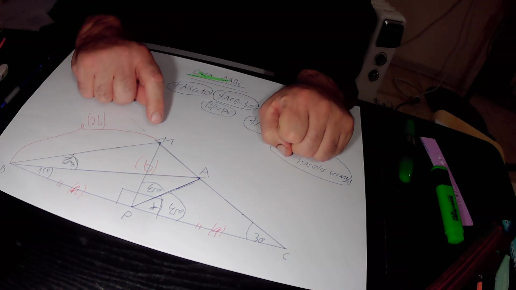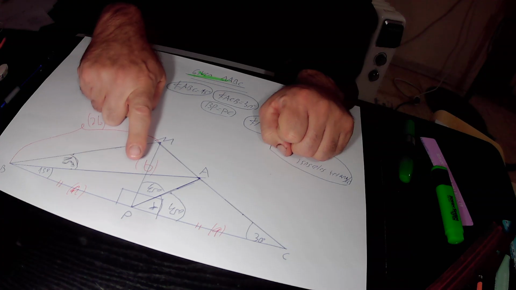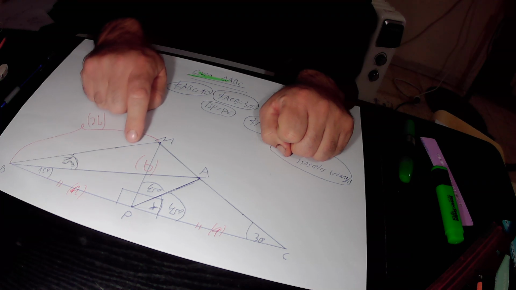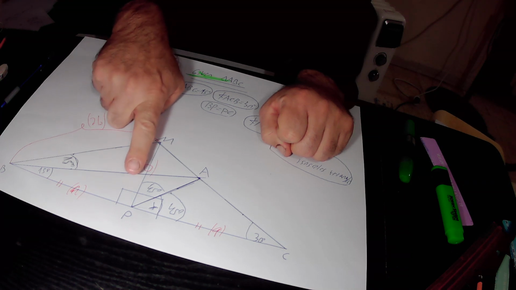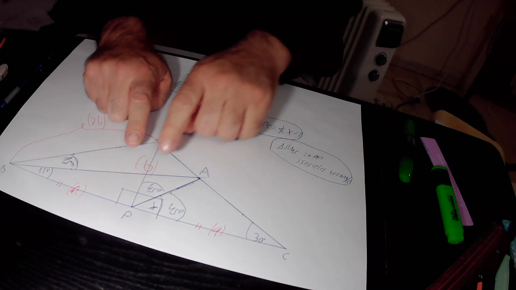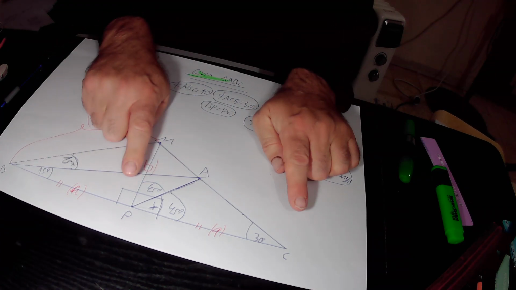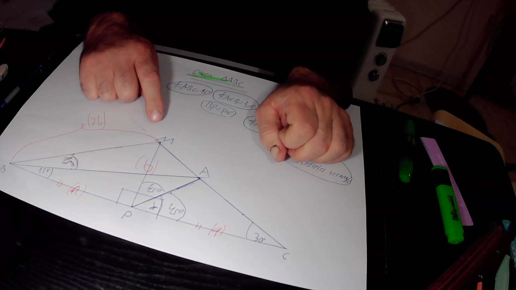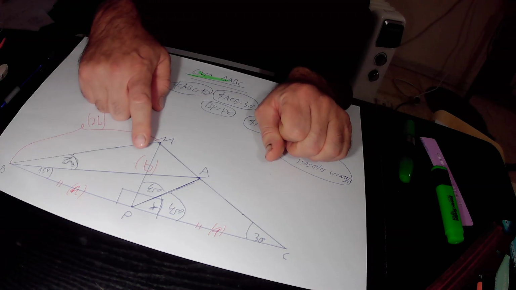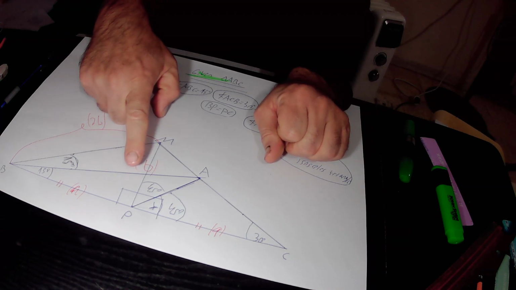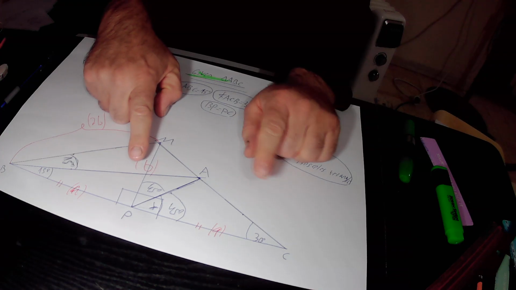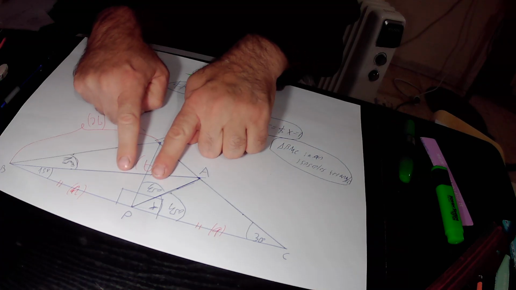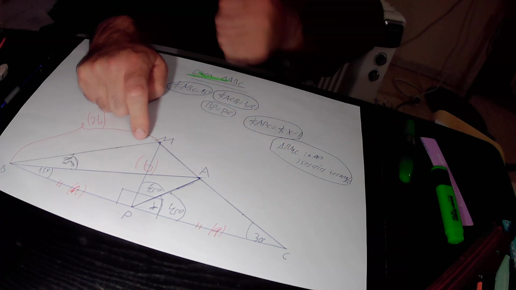Therefore, the perpendicular from point M to the base BC must touch the base BC at point P and not at any other point. Why? Because at point P, base BC has been bisected into two halves. The first half BP is equal to a, and the second half PC is equal to a. So in conclusion, the perpendicular from point M to the base BC must touch the base BC at point P. So this angle equals 90 degrees, and this angle also equals 90 degrees, according to our construction.